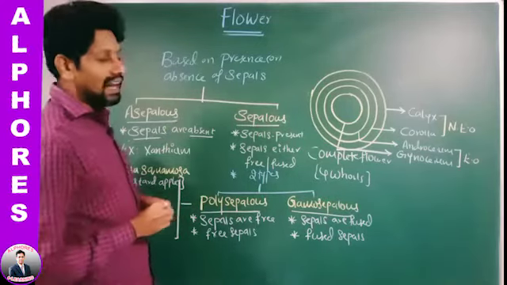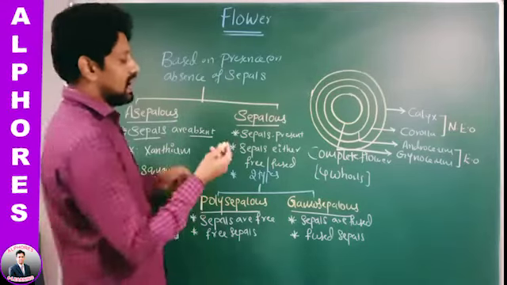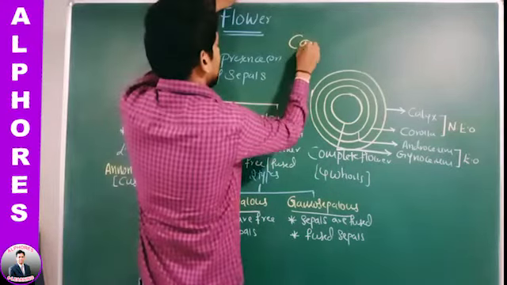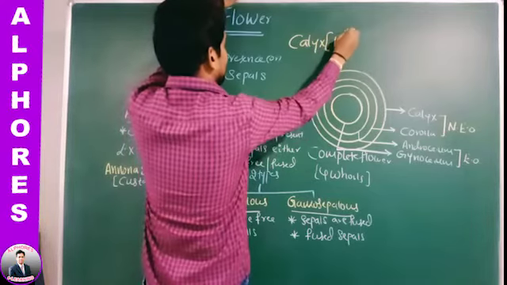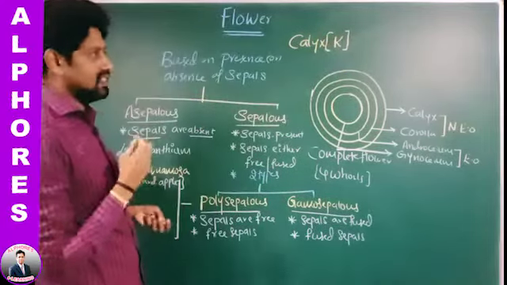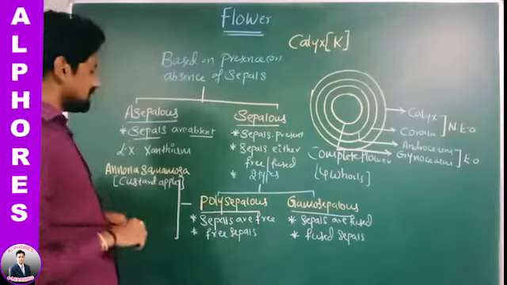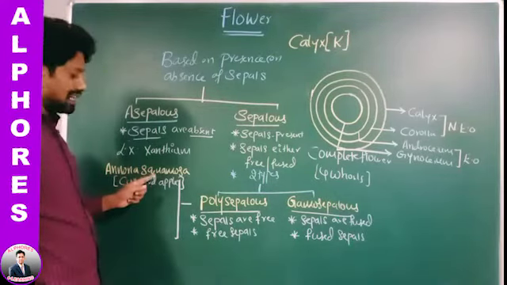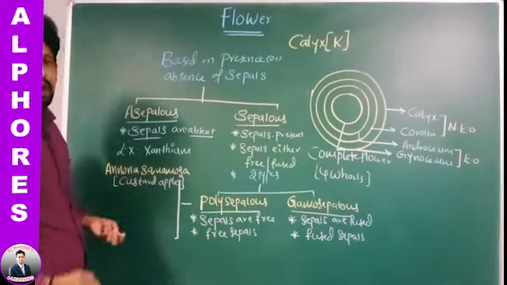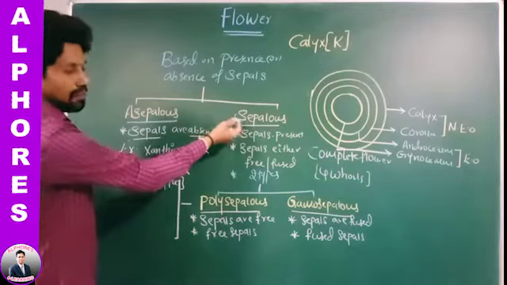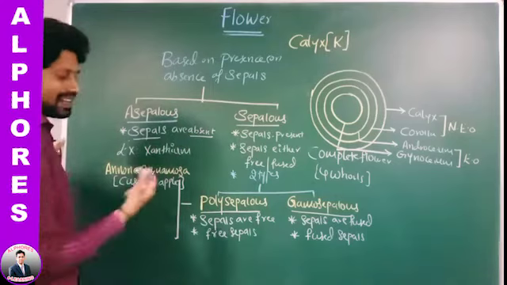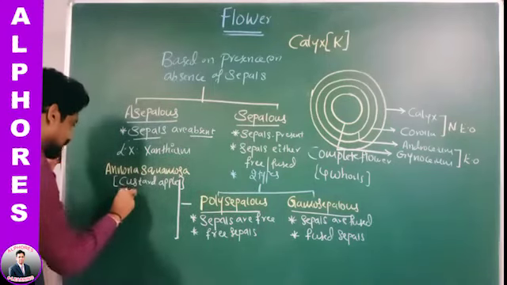The calyx is represented by the symbol K. In the case of Annona squamosa, calyx is present, sepalous condition, polysepalous.